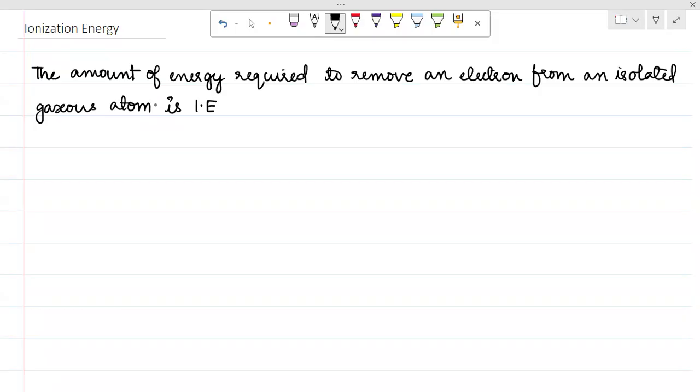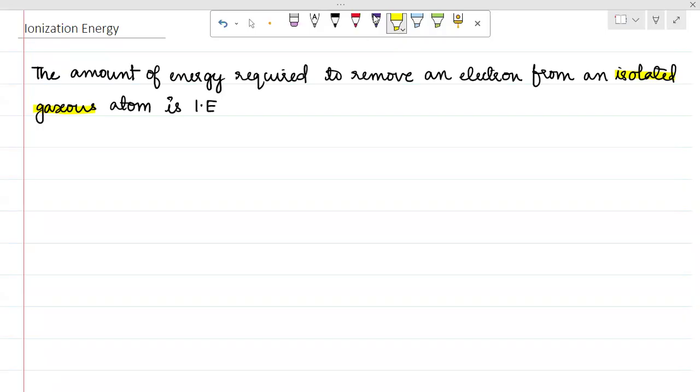Very important, ionization energy by default is defined as the energy which is required to remove an electron. But it is important to note that it should be from an isolated gaseous atom, which is in the gaseous state. That is how it is actually defined.